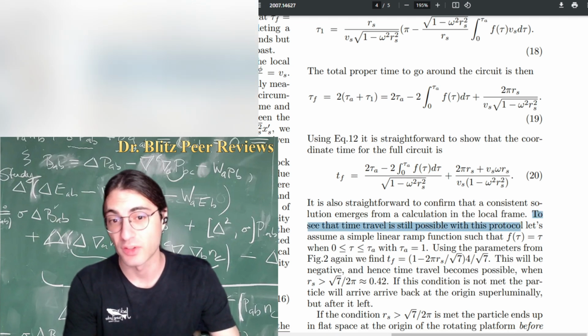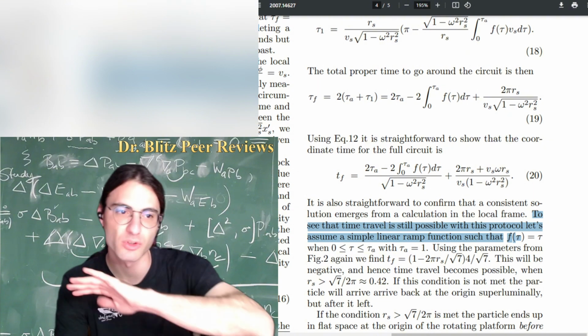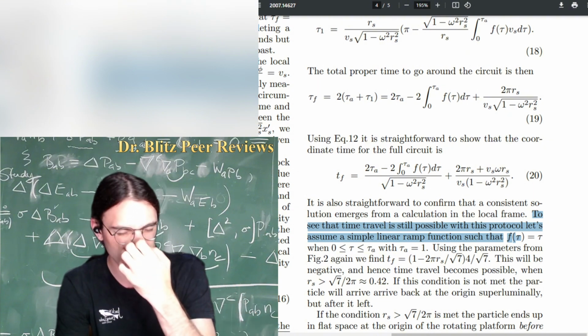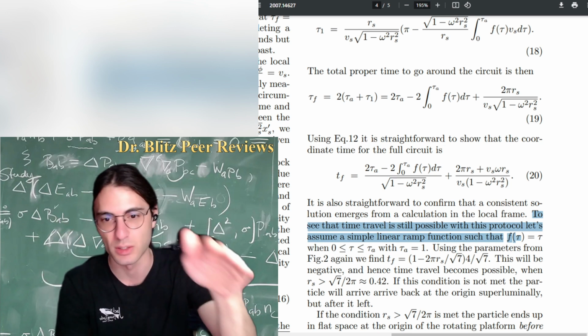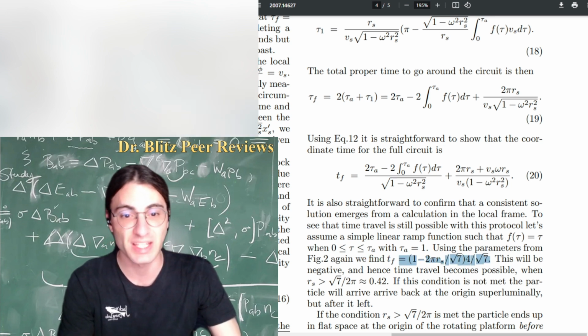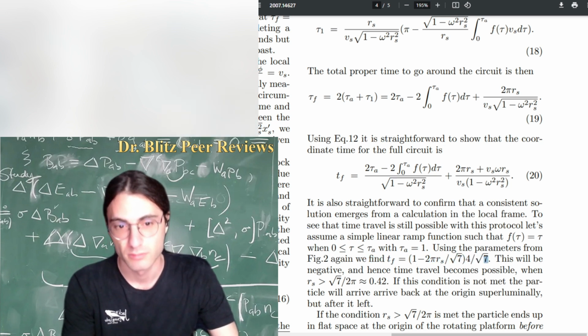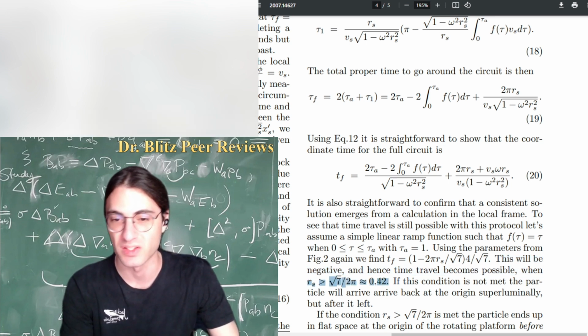To see that time travel is still possible with this protocol, let's assume a simple linear ramp function. So they're just going to assume that the warp drive will speed up linearly until it reaches a max speed and then slow down. Using the parameters from figure 2 again, we find that t sub f is this. This will be negative, and hence time travel becomes possible when r sub s is greater than 0.42.